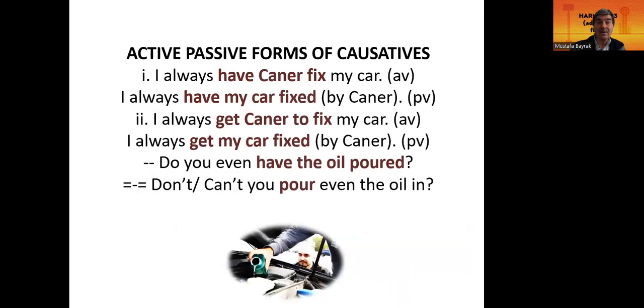Active. Now, active passive forms of causatives. Now, this is a little bit confusing. I can say that I see it clearly between a passive causative sentence and active causative sentence, but maybe you can see it. Yes, let's read it one by one. Roman number 1. I always say, Caner, fix my car.